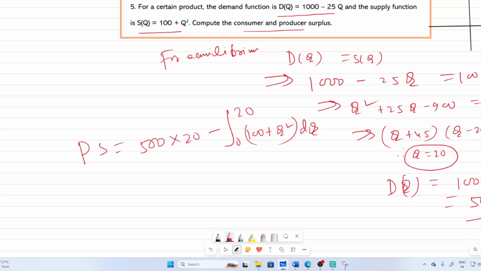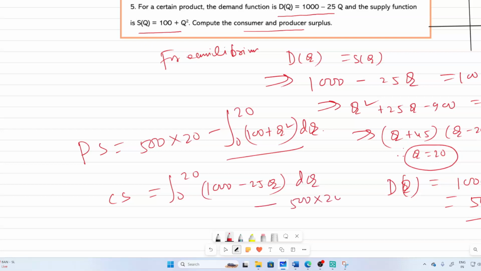Alright. And consumer surplus is the integral from 0 to 20 of this demand curve minus the area of that portion. The answer I got here is approximately 5333, and here the answer I got is 5000. Check it once.